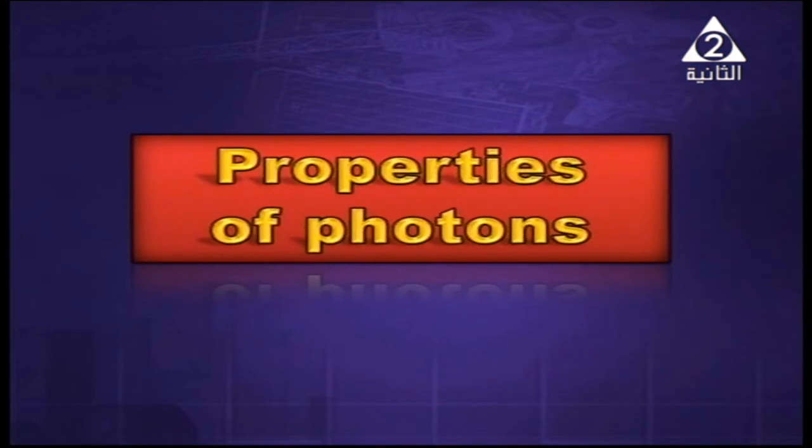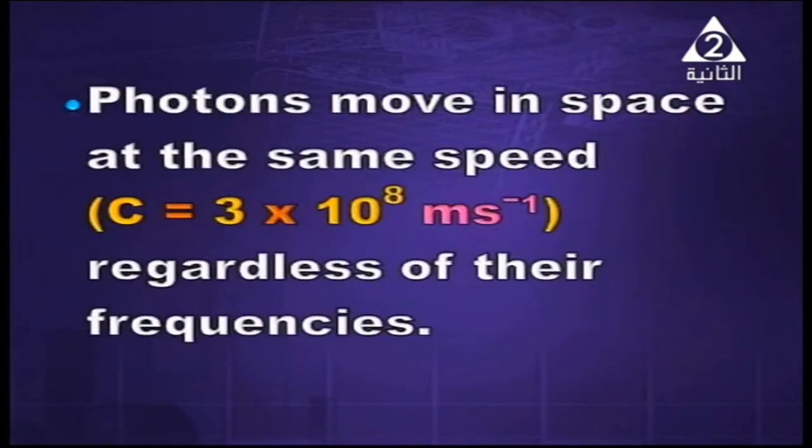And now talking about something very important, properties of the photons. Photons, first of all, move in space at the same speed, which is the speed of light in space.